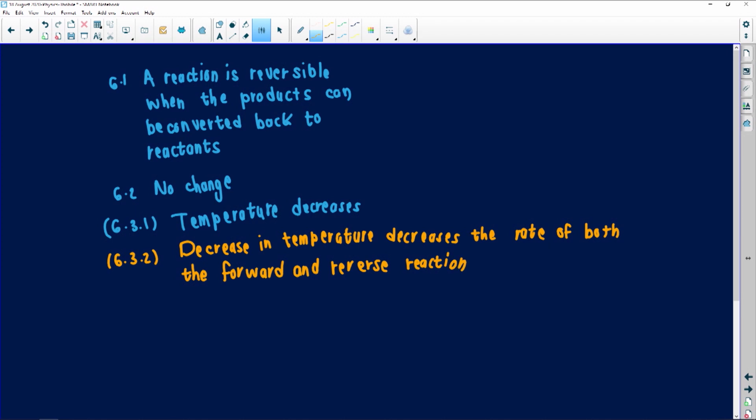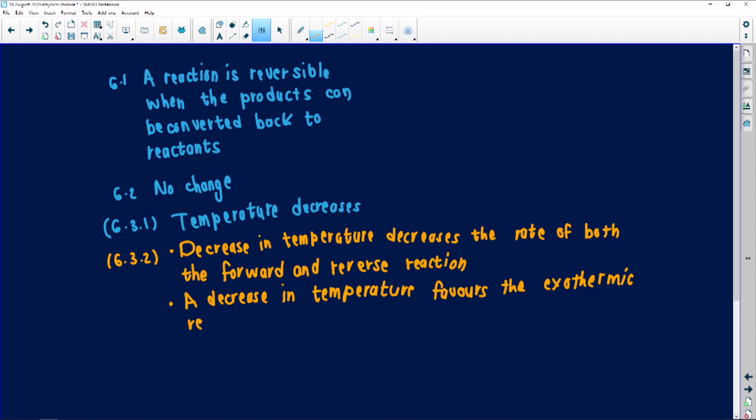And a decrease in temperature favors the exothermic reaction. So it means the rate of the forward, which is endothermic, just becomes slower. So that's how you'd have to remember or answer it. Remember, 3 marks means 3 points. Make sure that you use Le Chatelier's principles to do it.